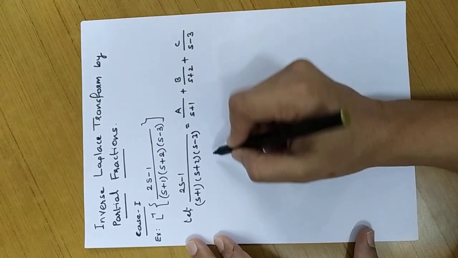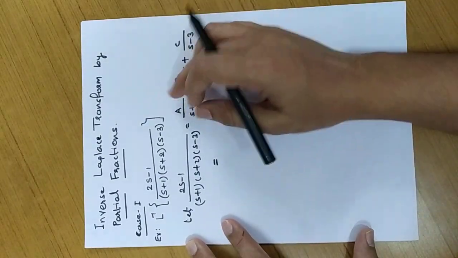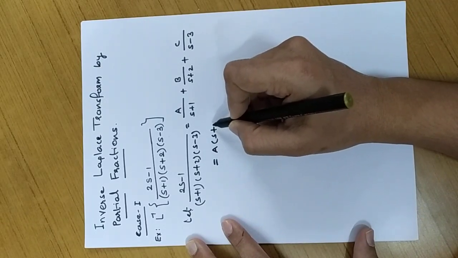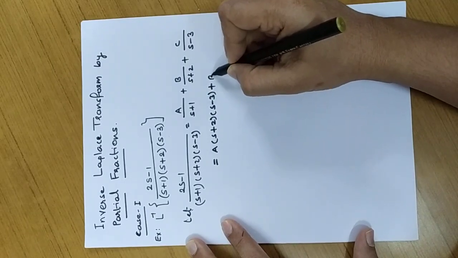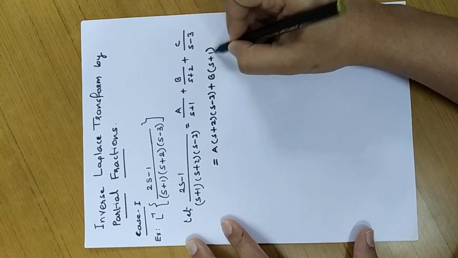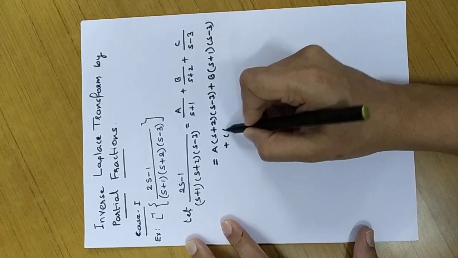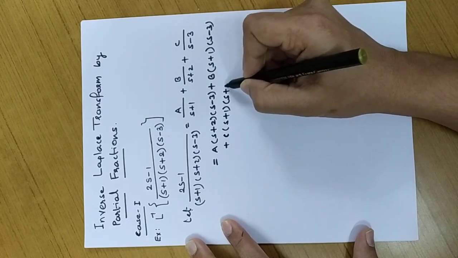Now simplify this equation. You can write the right hand side as A into (s plus 2)(s minus 3), plus B (s plus 1)(s minus 3), and with C you can write (s plus 1)(s plus 2).